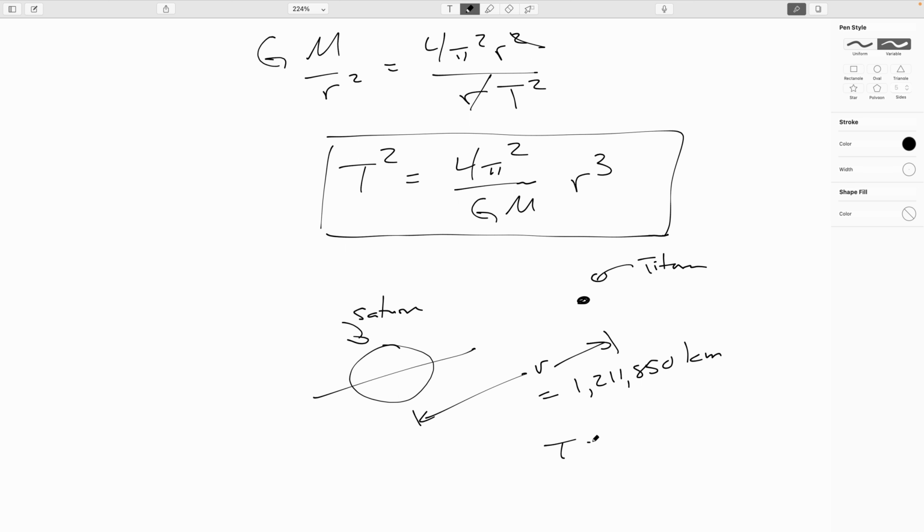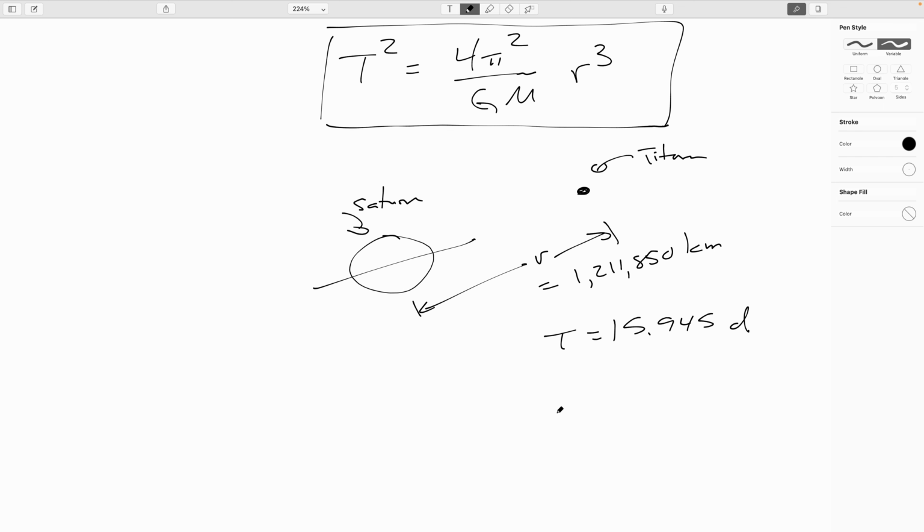And the orbital period of Titan around Saturn is 15.945 days. So what we can do is we can take Kepler's harmonic law and rearrange it. We'll get that the mass of Saturn, the thing you're orbiting, is 4 pi squared over G T squared times r cubed.